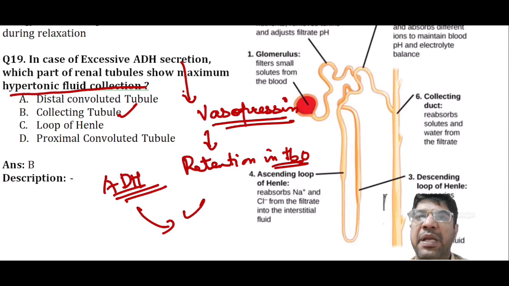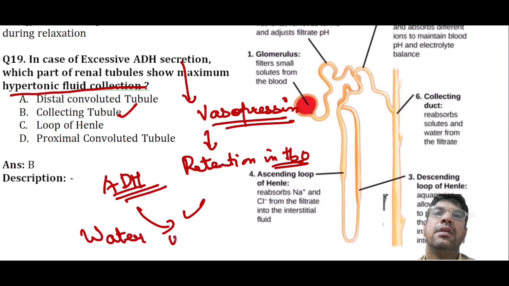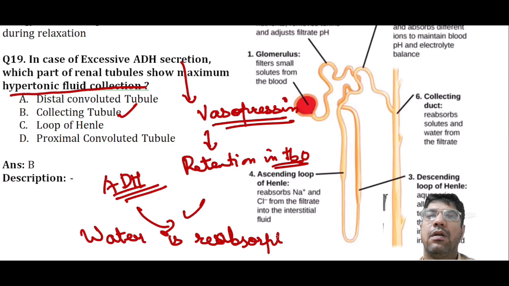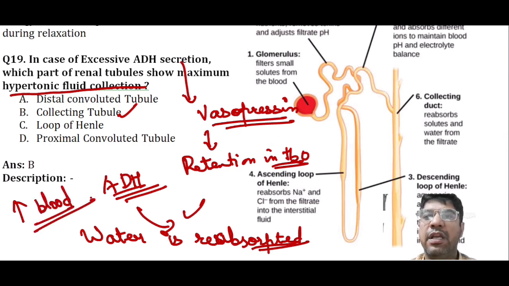In this case, it means that fluid in the collecting tubules becomes more concentrated when the water is reabsorbed. So by reabsorbing more water, the hypertonic fluid in the collecting tubule helps to increase the concentration of solute in the blood. So that can help to maintain the blood pressure and body fluids. So your answer is B.